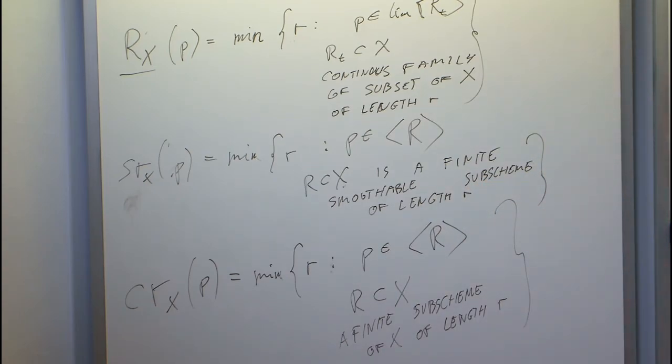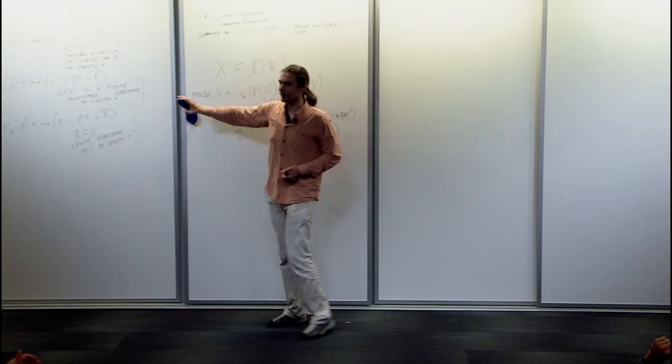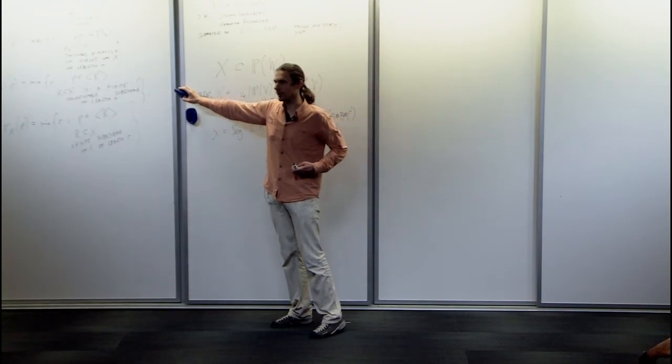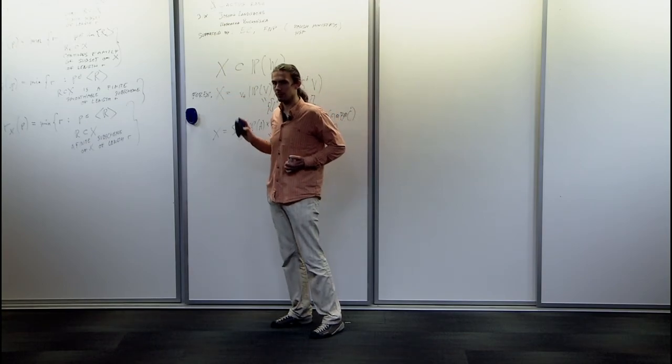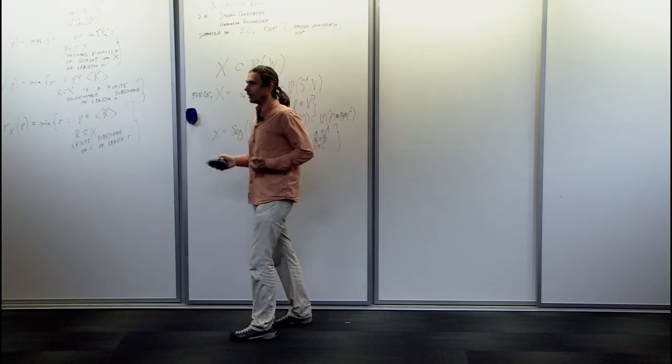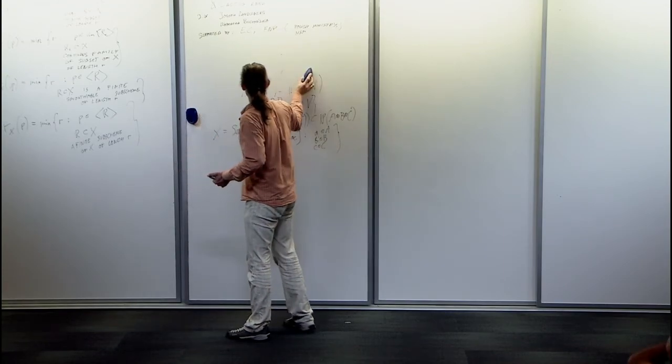Right. So, okay, give me a little bit of time before I start explaining this. I will just let you imagine why these notions are important and why we are interested in studying them at all.